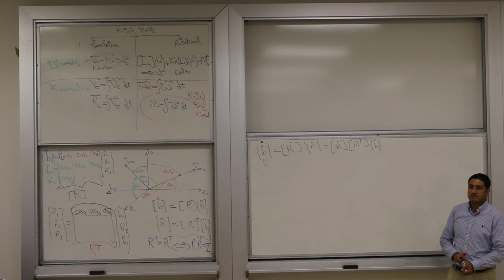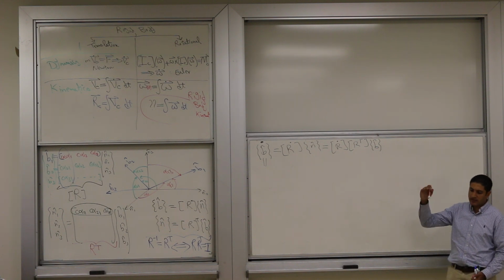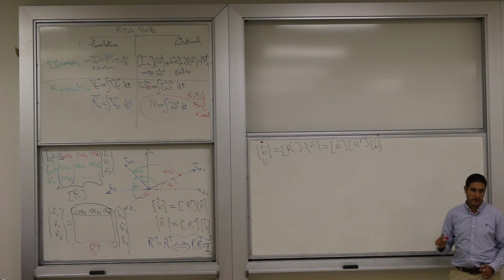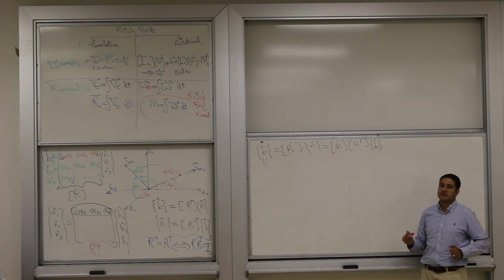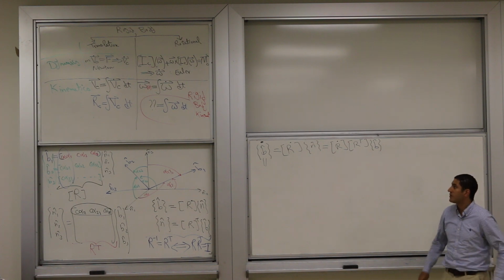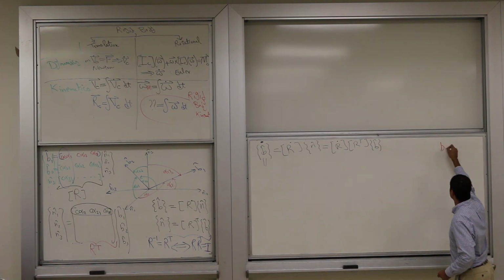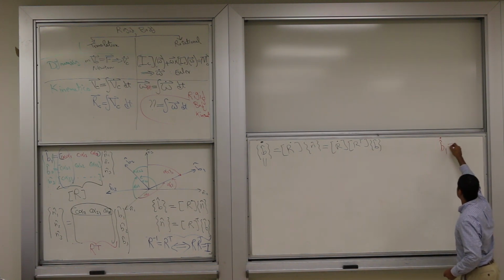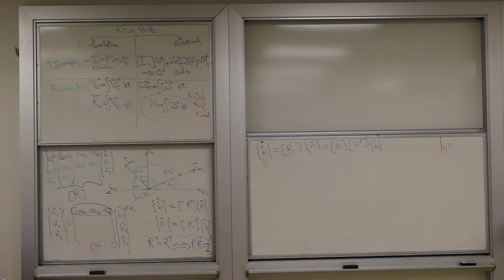What's B dot? Well, B is b1, b2, b3. So what is the d by dt for each component? What's the d by dt for b1, for example? No, from basic definition. What's b1 dot? First of all, b1 is a unit vector, right?